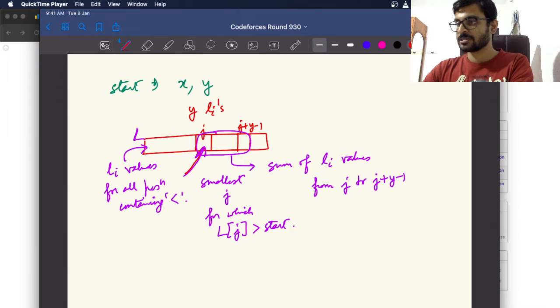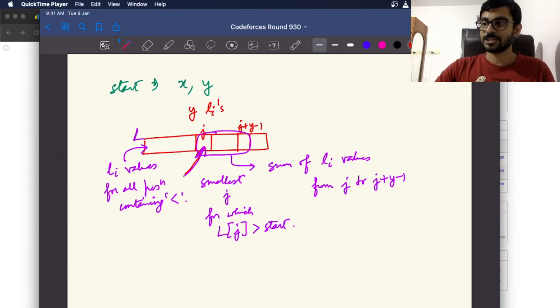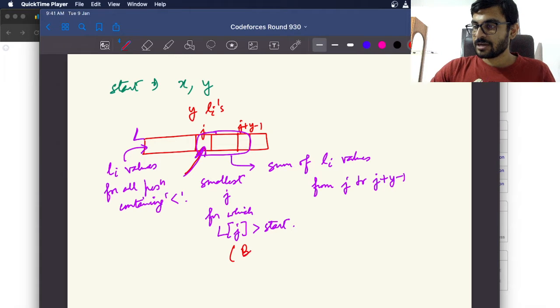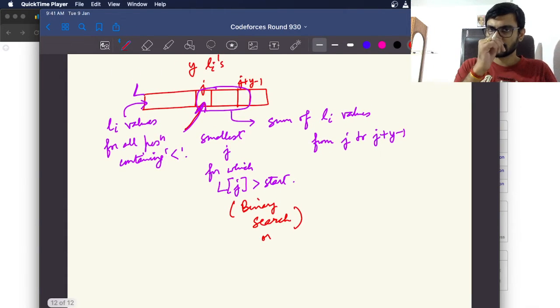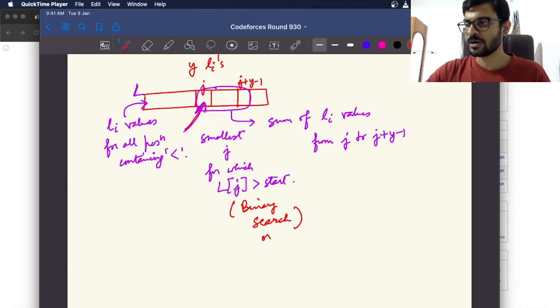How can we find this smallest j? Traditional binary search. Using binary search we can easily find it, or using 2 pointers. If we want to move from one index to the next index, this information can be carried forward, so using 2 pointers you can easily do this.